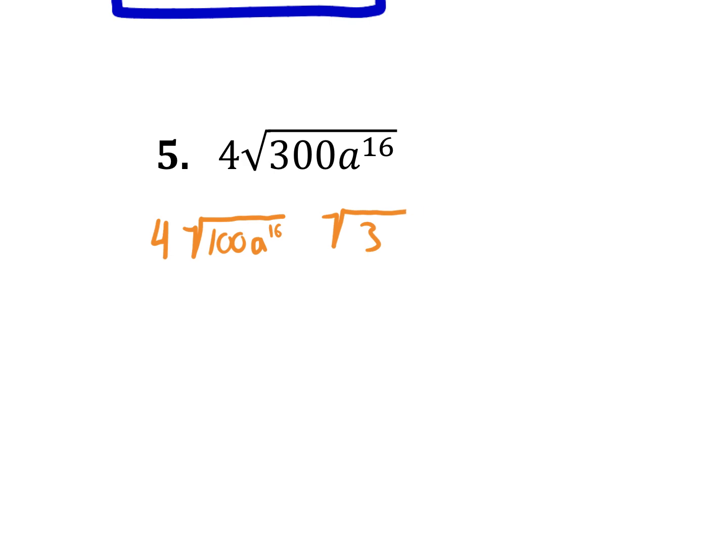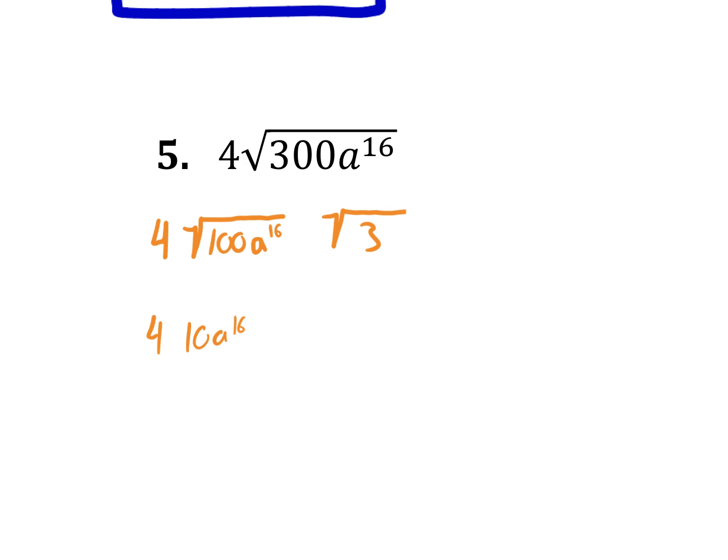Now what? Then you put the 4 down again, and you square root the 100, but not the 16. Square root of the 100 gives you 10, a to the 16th. Oh, wait, square root that. Oh shoot, yeah, you're right.